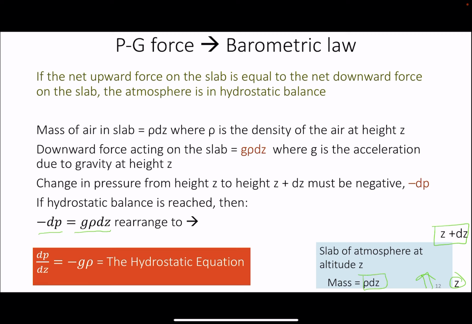So this mass force plus this must equal this. So you do a bunch of rearranging and algebra, and you end up saying dP/dz, the change in pressure as a change in altitude, is equal to minus g rho. So you've now simplified to something fairly straightforward, where g is the gravitational constant and rho is the density of air. And this is known as the hydrostatic equation.